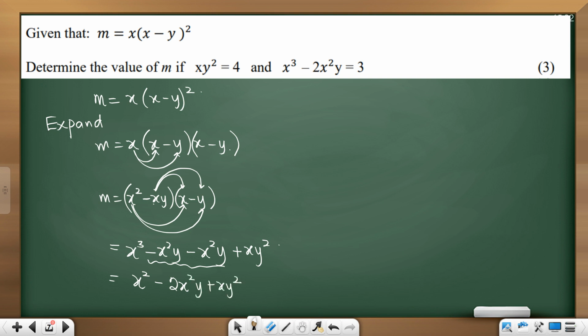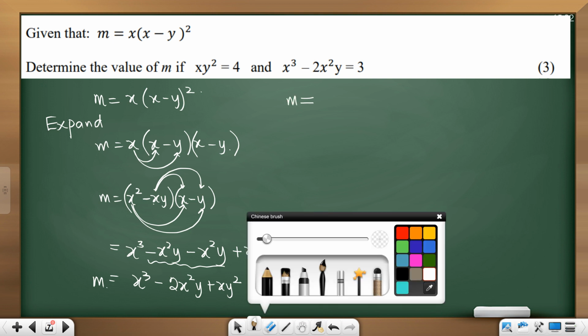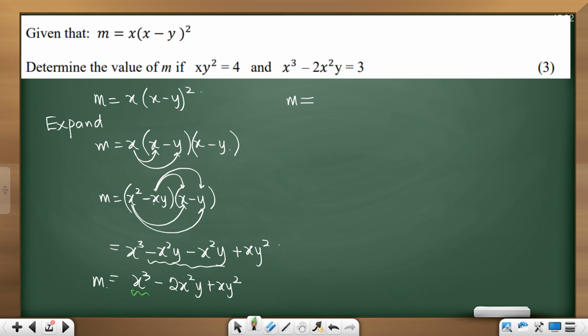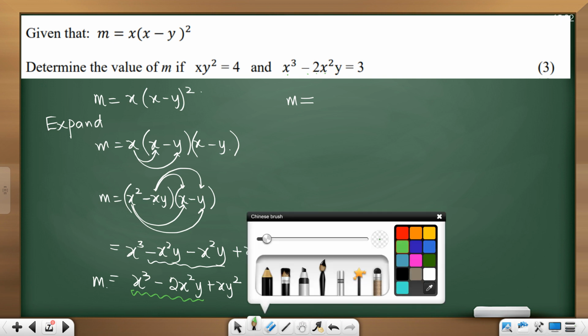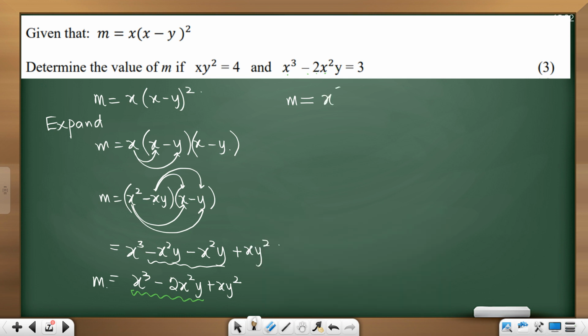Oof, this looks hectic. But we are then told something here. No, this is x cubed. We are told that x squared y equals 4, and x cubed minus 2x squared y. Do you see that? x cubed minus 2x squared y is 3. So this whole thing here, let me write this afresh. x cubed.